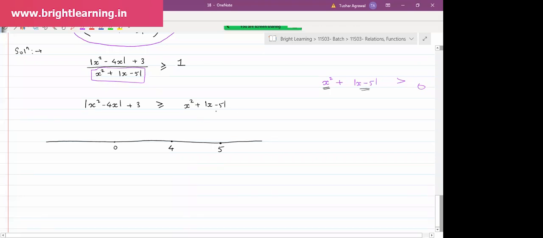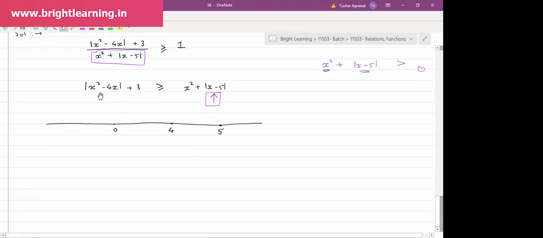If I observe with respect to this point, x minus 5, with respect to, I will require some colors. With respect to x square minus 4x, what are my intervals? This is my interval where everything is positive.